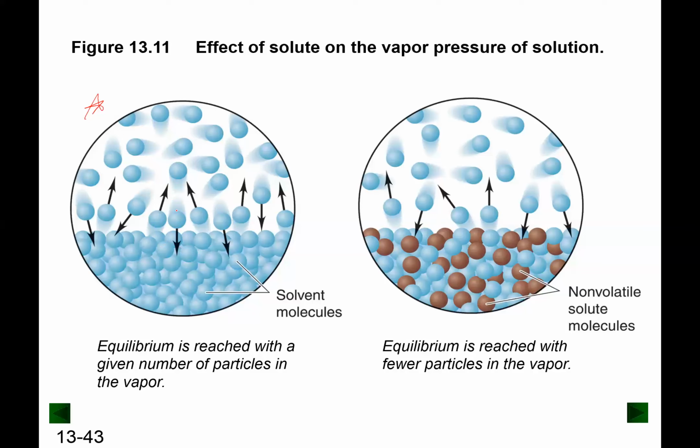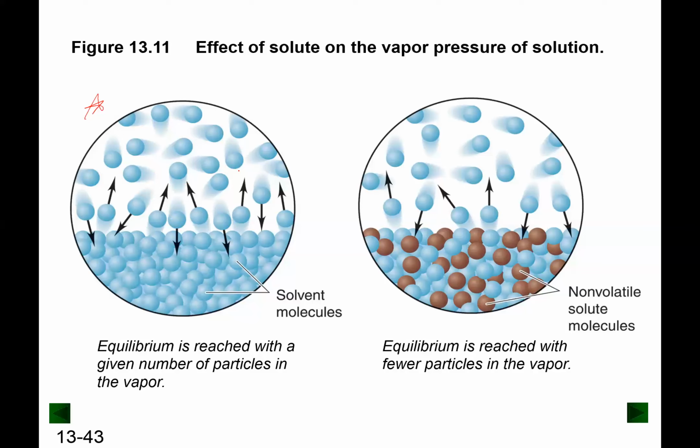Once that takes place, we're said to have reached equilibrium, and that occurs at a particular temperature and generates a particular vapor pressure for the pure solvent. Going from the solvent into the gas phase increases the entropy, which is part of the reason this takes place, and the overall entropy of the system is increased.